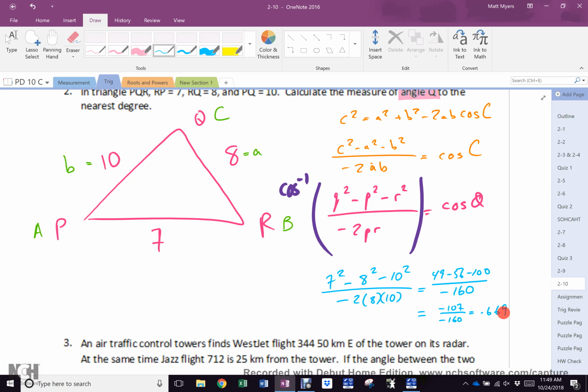And who has a number for me? Najim. You have 44 point. Okay. Anybody else? Suhani. Okay, that's the cosine. Who else? Anybody else?